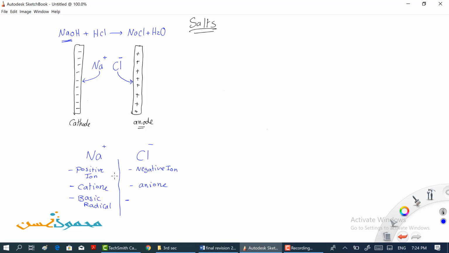And Cl comes from the acid, so we can call it the acidic radical. The Na is called the metal radical, and Cl is called the non-metal radical.